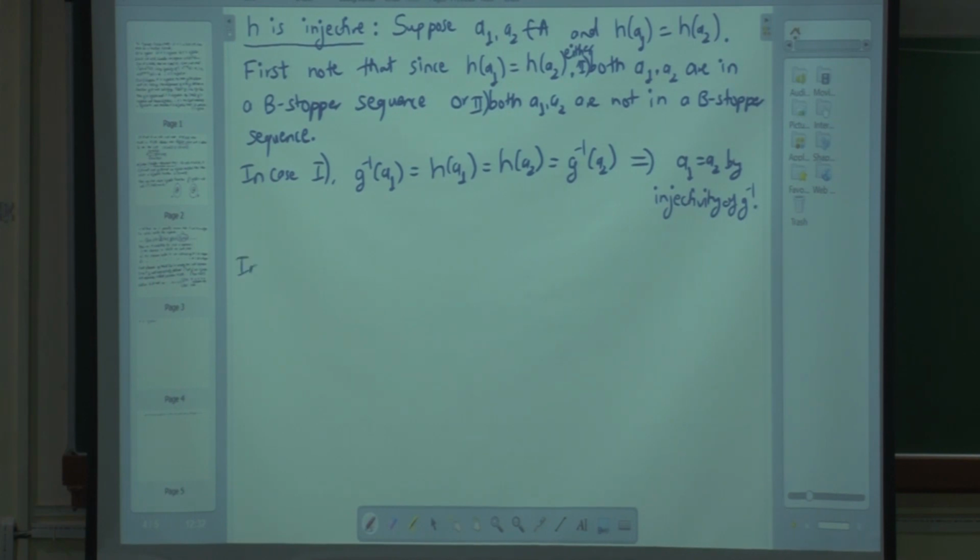And in case 2, what will happen? We'll always have f of a1, this is our definition, that h equals f in this case, is equal to f of a2, and this implies a1 equal to a2 by injectivity of f. Okay, so injectivity is proven. Now h is surjective.